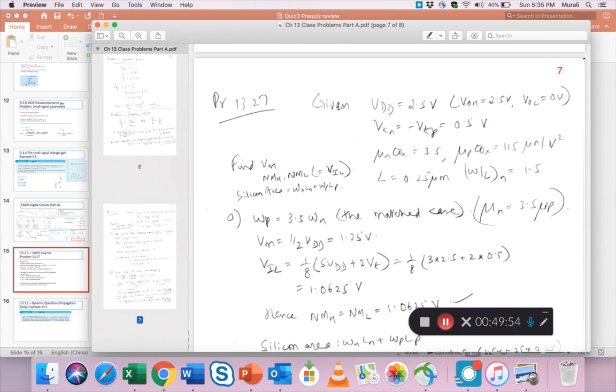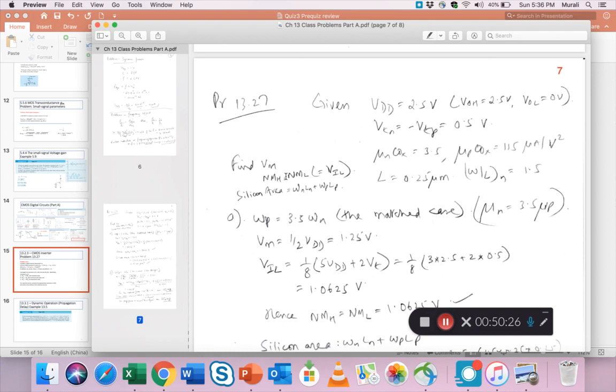So to repeat everything that's been given, VDD is 2.5. That means VOH is 2.5, VOL is 0, and VT is the threshold voltage of n, so that's given, right?